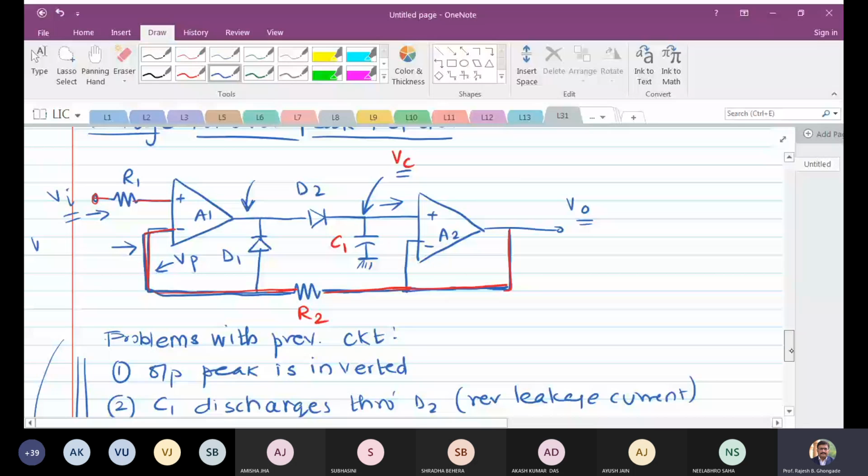So this diode, D1, will be forward biased. Negative feedback via D1. This is a negative feedback, isn't it? So this loop closes. Negative feedback via D1 keeps the op amp from going into saturation. So once this loop is closed, A1 cannot go into saturation. So that is the function of this D1.